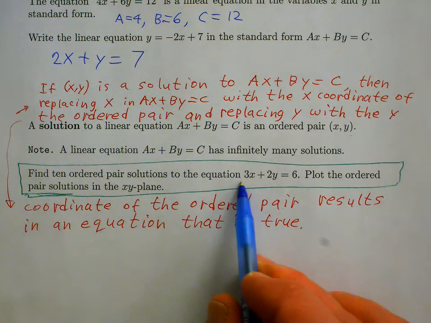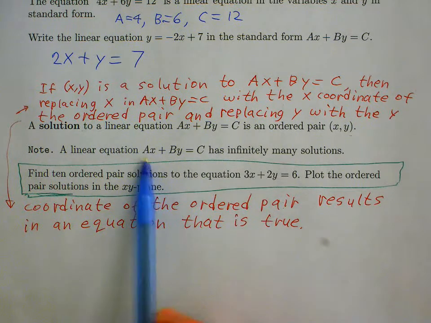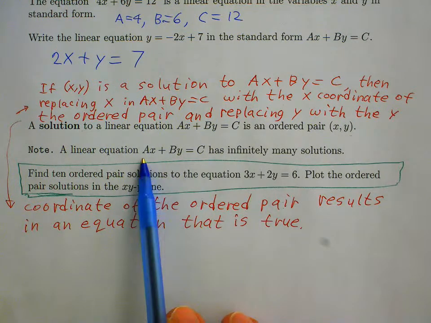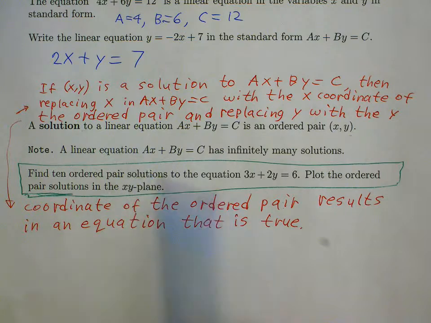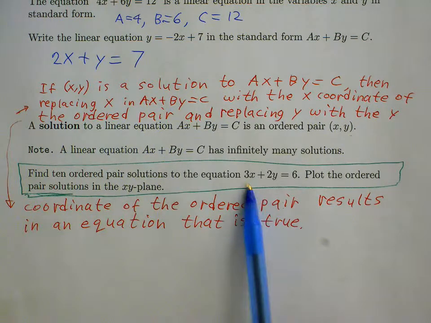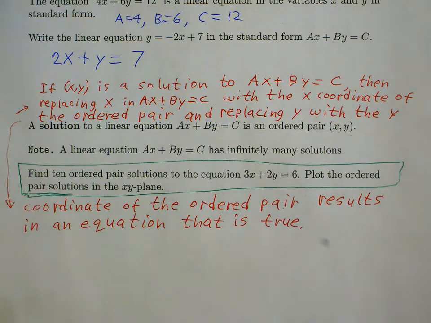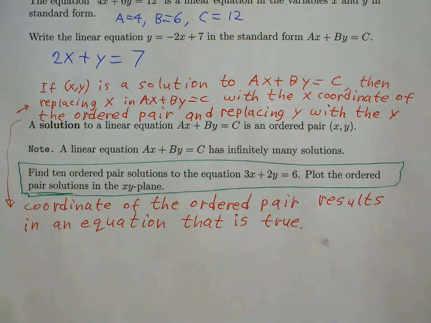Well, for linear equations, ax plus by equals c, I'll just give you a little bit of inside information. If a and b are non-zero, which is what we have in this case, a is 3 and b is 2, so they're non-zero, we can start out by picking x to be any number we want between negative infinity and positive infinity.